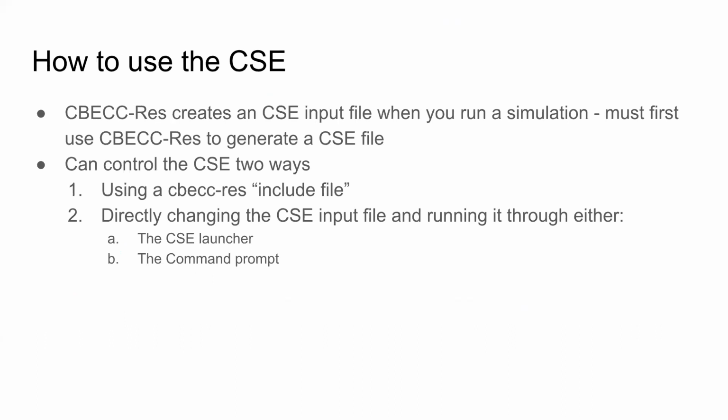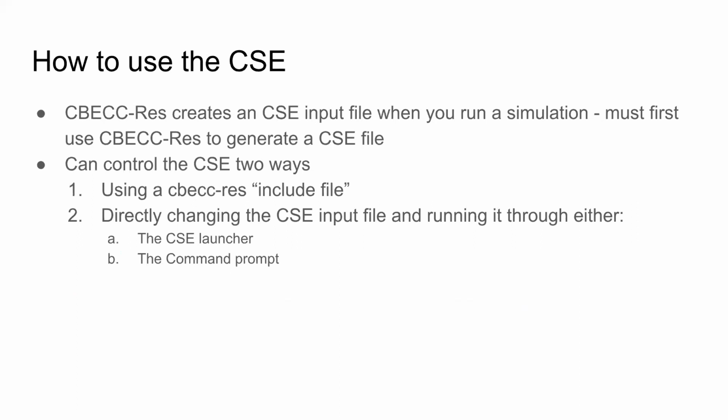So you go into that folder and check it out, and after CBECC-Res generates it, you can either change it by directly changing that CSC language within that text file, or you can use an include file, which you include through CBECC-Res. So you can access the CSC language through CBECC-Res using an include file, or by directly going into that CSC file.